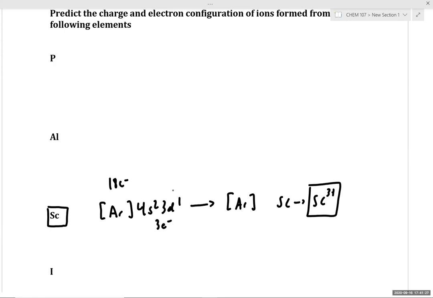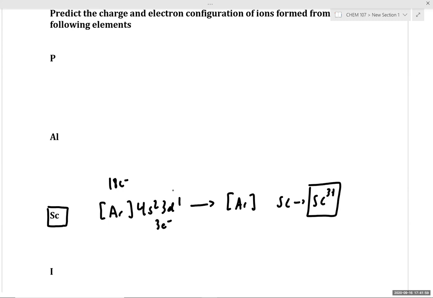And we'll actually talk about that in the next chapter, how to handle transition metals and how to describe transition metals so that the reader knows the charge of that transition metal. So long story short, for transition metals, you can either lose all of your 4s or 3d electrons, but transition metals can form a range of ions. Okay, got it. Thank you.